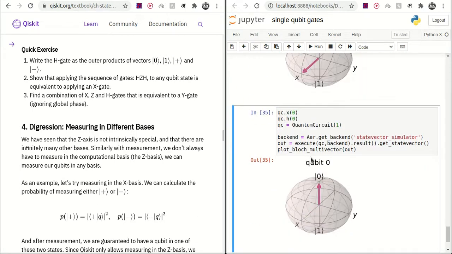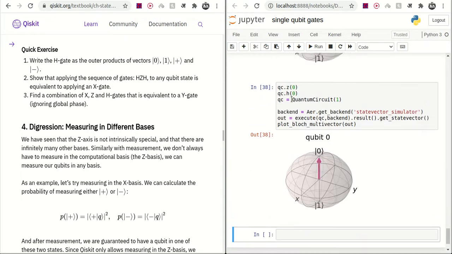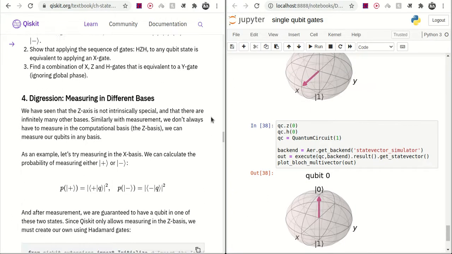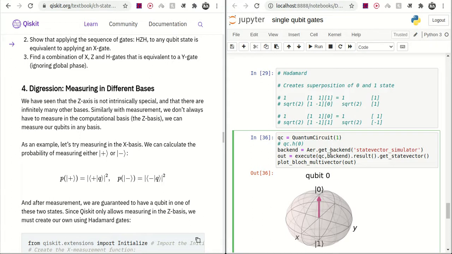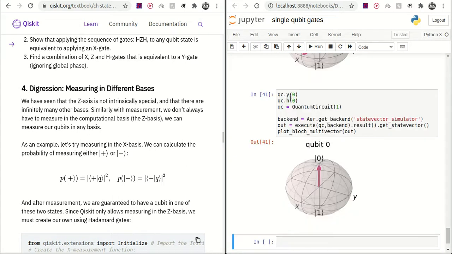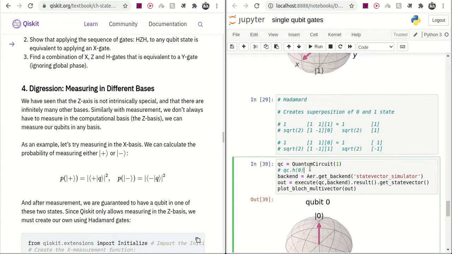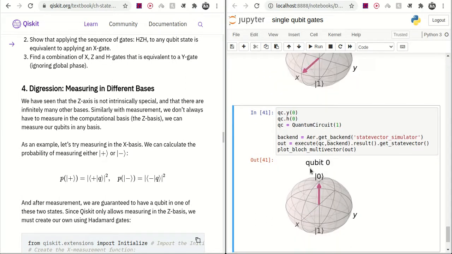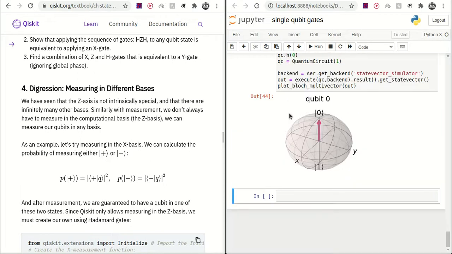Initially this, then we apply a z operation. It's okay. You can try different combinations. Now we apply a y. It's not working, I guess. So it will come back to 0.